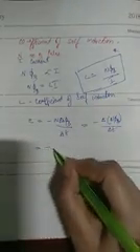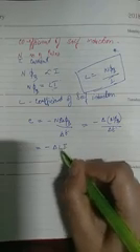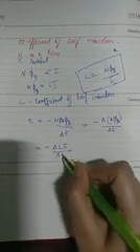Now replacing the value of n phi b over here, in place of n phi b divided by del t, we write minus del L I divided by del t.